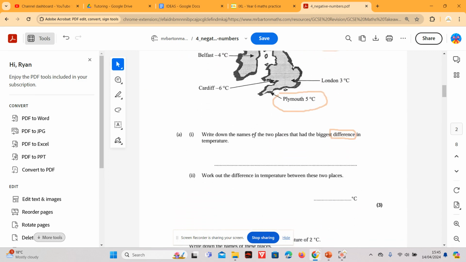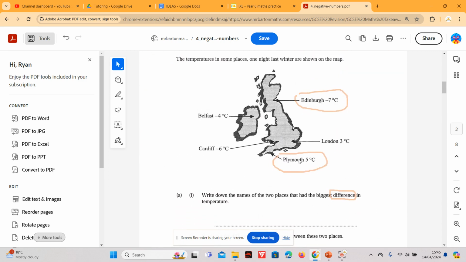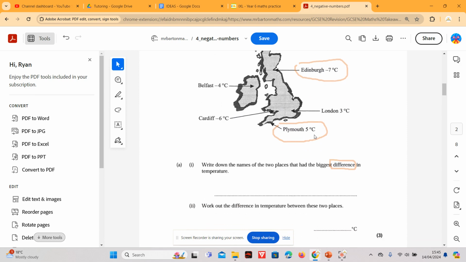Now we actually don't have to do this for this question. We just have to state what the biggest difference is. And the best way to do it is simply by looking at the biggest temperature and the smallest temperature. So for our answer, we would simply write down Plymouth. So I'm just going to put PLY for this. And Edinburgh. So I'm just going to put EDIN.